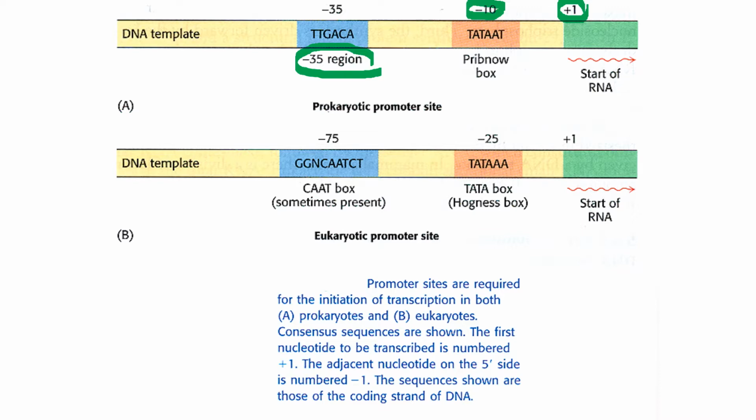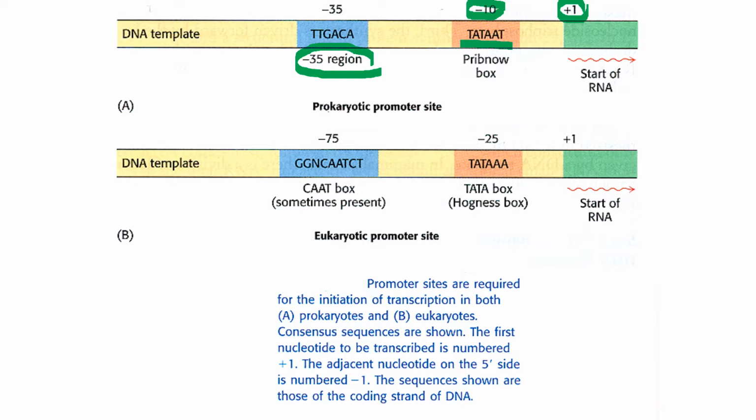The sequence at -10, TATAAT, is called the Pribnow box. Many of these promoter regions have similar sequences of DNA, which are referred to as consensus sequences. So these are the consensus sequences at these two particular sites in the DNA, and these are the two most common sites in prokaryotic organisms.